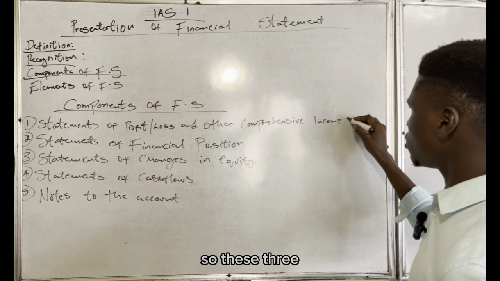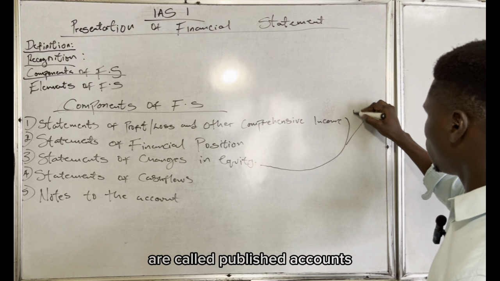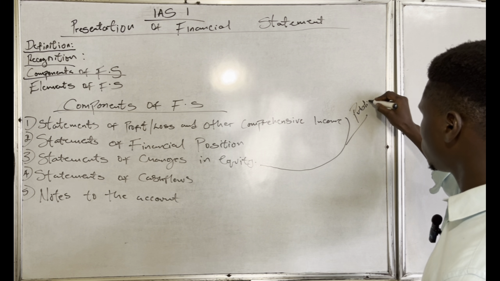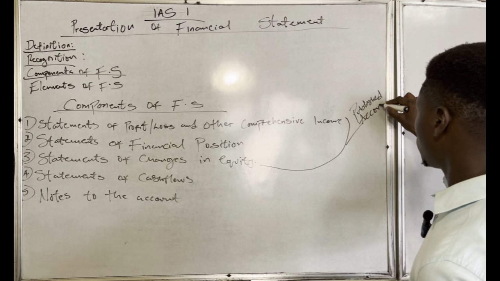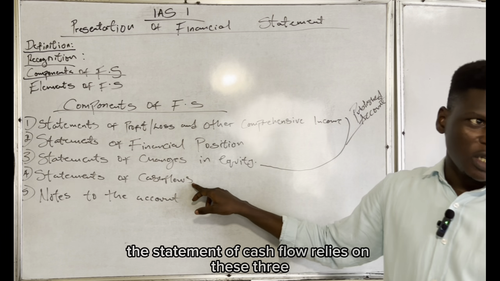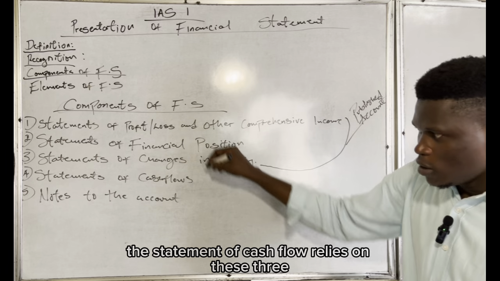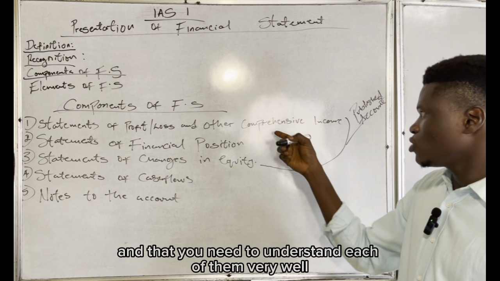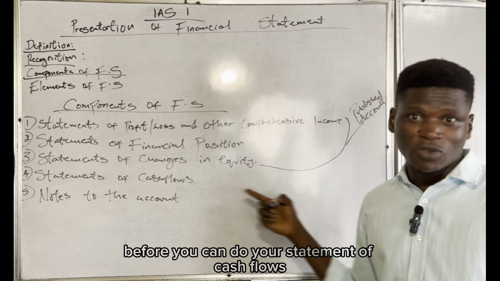So these three are called published accounts, while this, the statement of cash flow, relies on these three, meaning that you need to understand each of them very well before you can do your statement of cash flows.